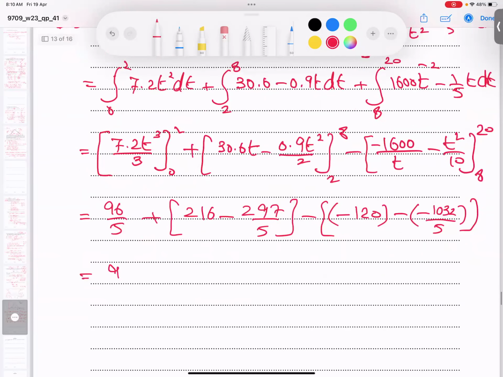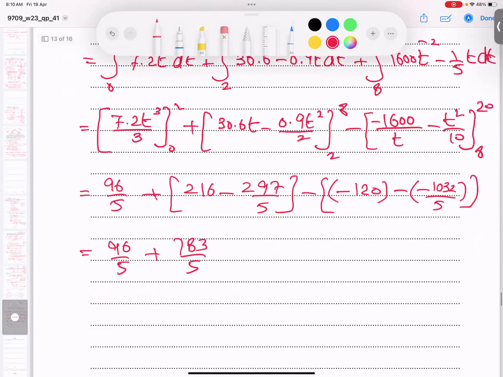Now students, 96 over 5 is done. 216 minus 297 divided by 5, I get 783 over 5. I think this is clear. Okay, and the last part, negative 120 plus 1032 divided by 5. I get here a plus sign, 432 over 5. So I think this part is clear.